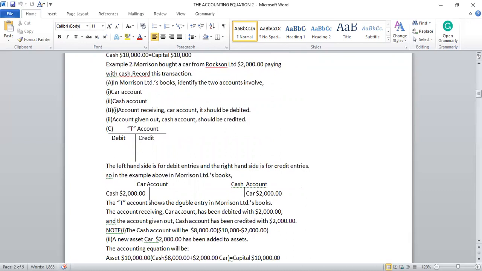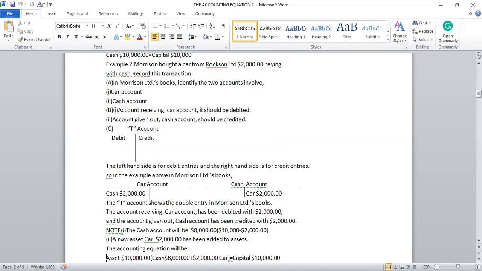The T account shows the double entry in Morrison Limited books. The account receiving, the car account, has been debited with $2,000, and the account giving out, the cash account, has been credited with $2,000. Note, the cash account will be $8,000. Why? Because it was previously $10,000 and $2,000 has been taken out.